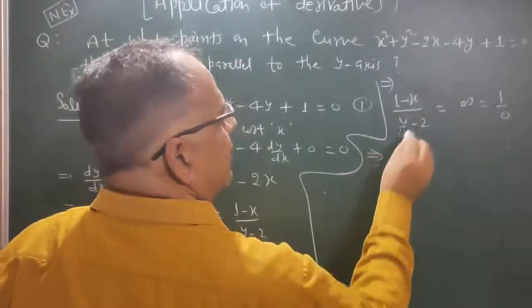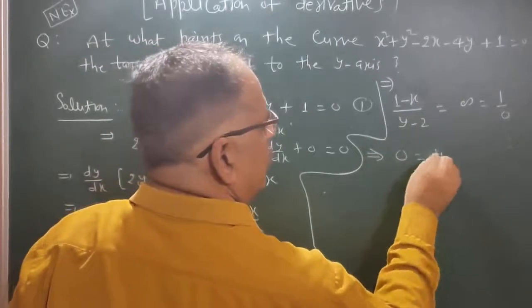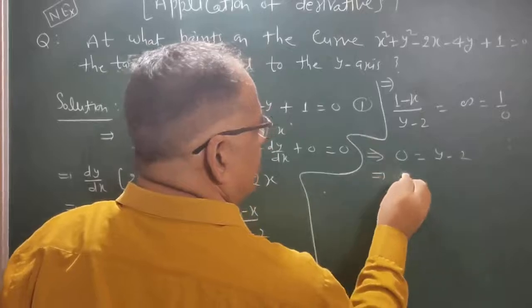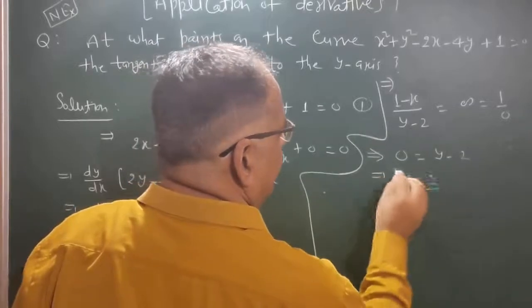Take cross multiply, so 0 equal to y - 2, that means y equal to 2.